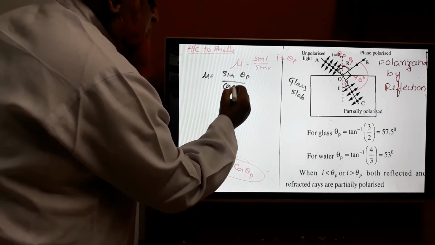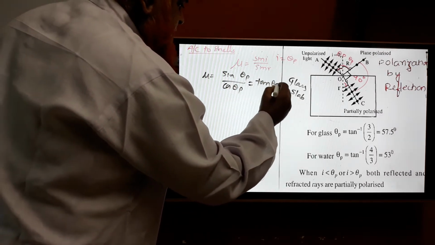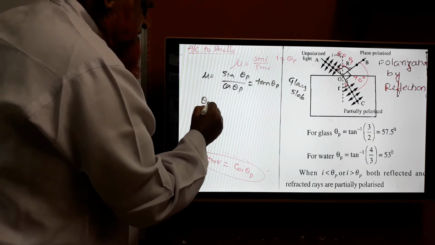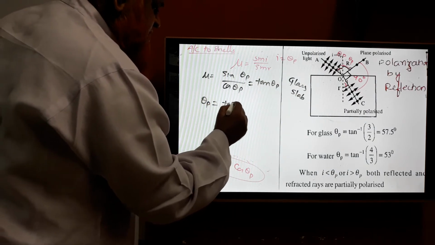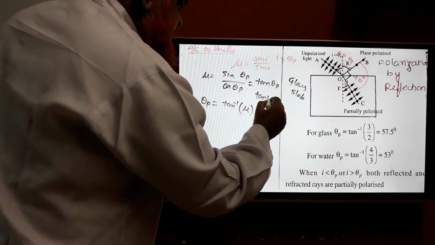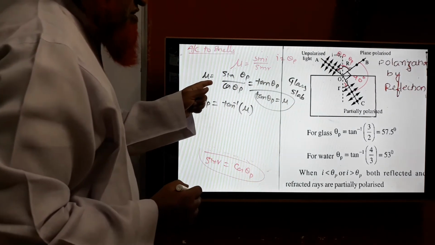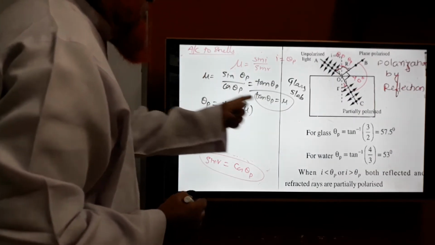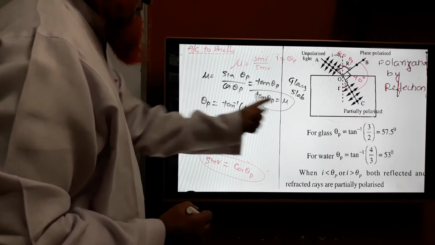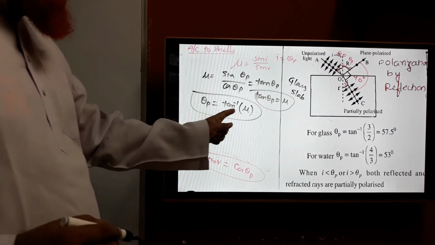So this is sin theta p by cos theta p, and I can write this as tan theta p. Therefore, theta p can be taken as tan inverse of mu, because tan theta p is equal to mu according to the above equation. So tan theta p is equal to the refractive index. So theta p is going to be tan inverse of mu here.